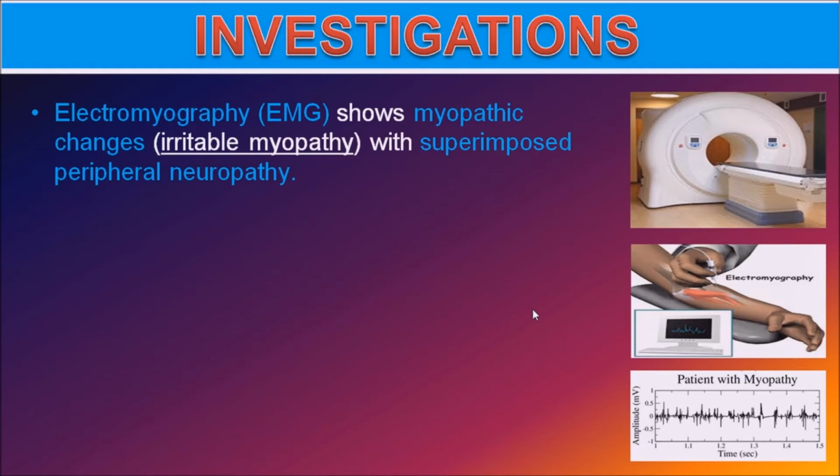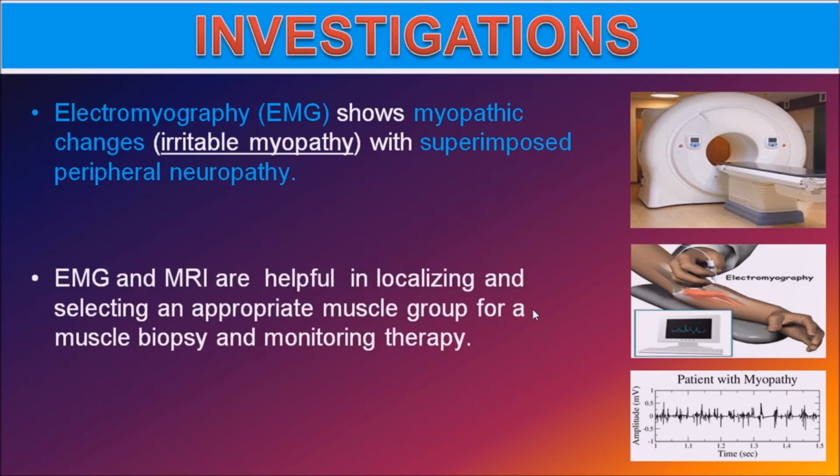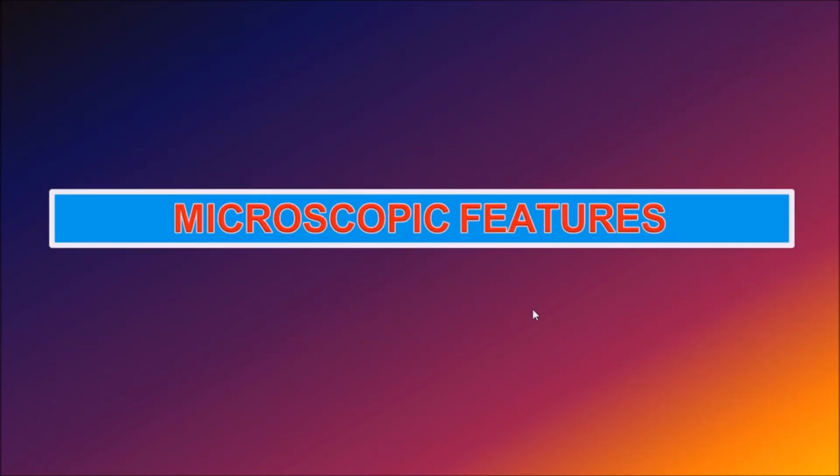Electromyography, EMG, shows myopathic changes, which is irritable myopathy with superimposed peripheral neuropathy. EMG and MRI are helpful in localizing and selecting an appropriate muscle group for a muscle biopsy and monitoring therapy.